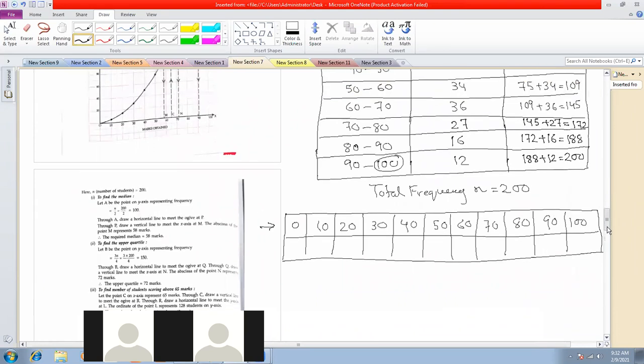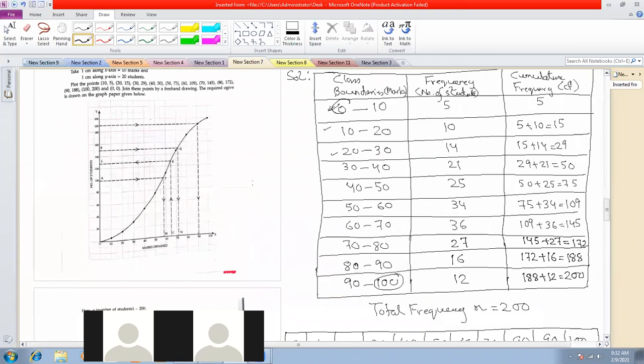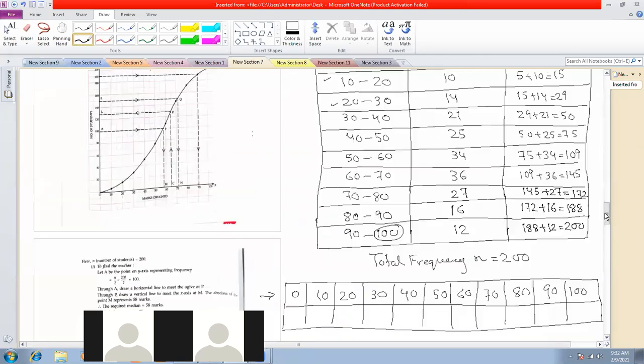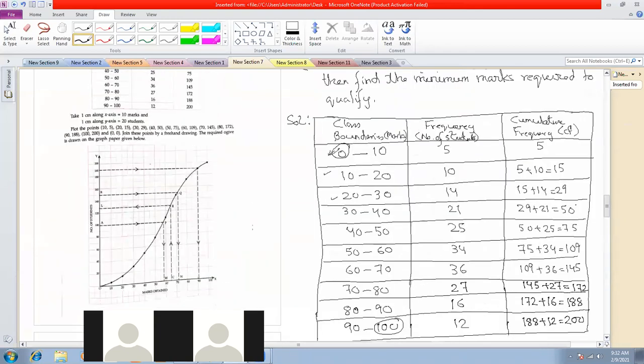Now we shall see the y coordinates. You have to be very careful here. When we are taking 0 here, the first cumulative frequency must always be 0. When you are writing the y coordinate of the lower class boundary of the first class, that cumulative frequency will always be 0. It doesn't matter even if it starts from, say, 50 to 60.